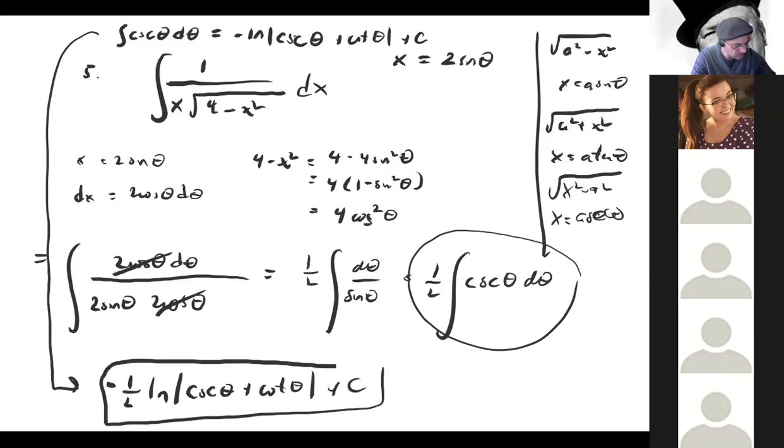Okay, so let's leave it at that, and I'll tell you how to do the integral of cosecant theta at the end if there's time. If I don't get it at the end today, I'll do it in my next lecture. I promise you. So let's move on then.